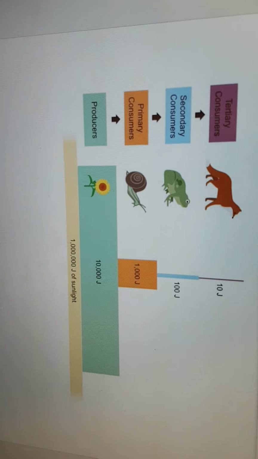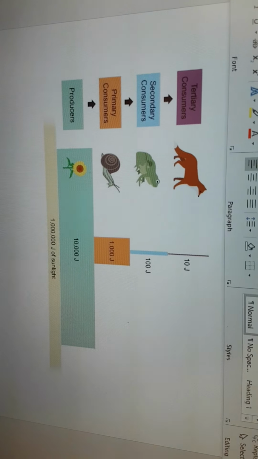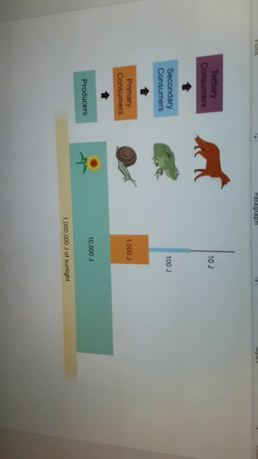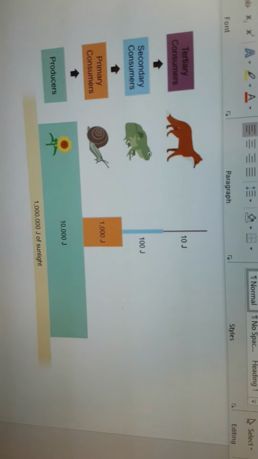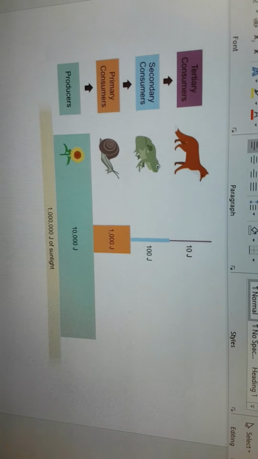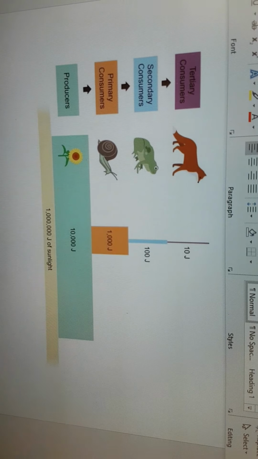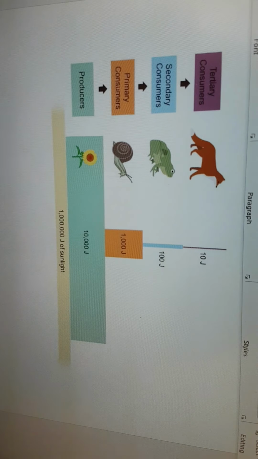Pause for a second and work it out. There's of course just 1%. Sounds incredibly low, doesn't it? Only 1% of the sunlight energy hitting plants is converted into chemical energy within the plant. That would be called their gross primary productivity.